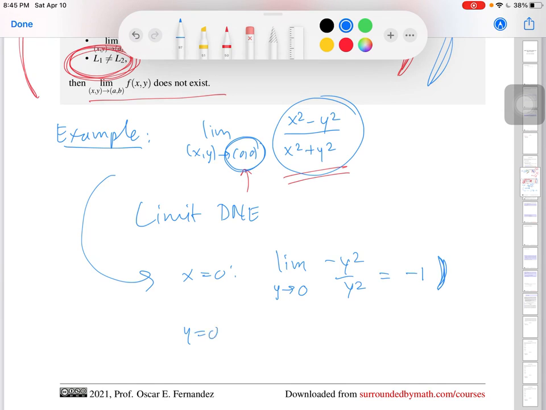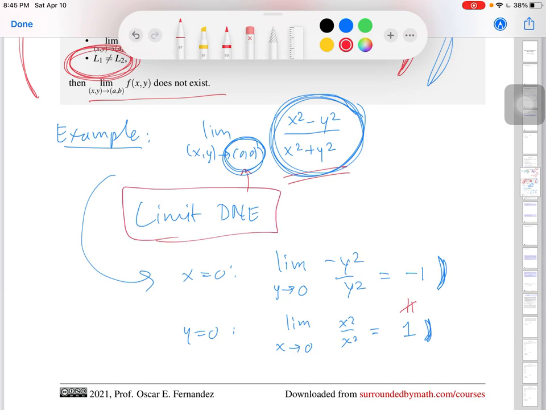Along y equals 0, I still need to approach the origin, so I would need to make x go to 0. If I put in y equals 0 here, I get x squared over x squared. There's that 1 that we kept seeing from the function values in the applet. These two are not equal, so same conclusion from before: the limit does not exist.